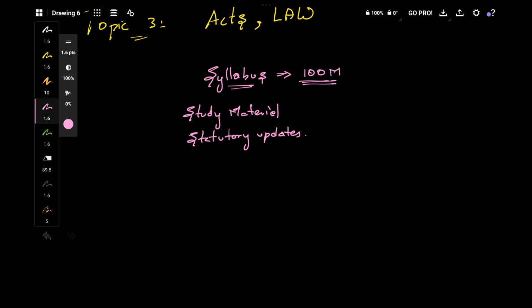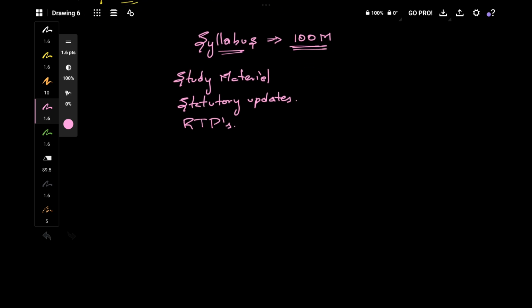A notification will be given to you in the ICAI portal, and we have to learn that. We also have RTPs. It's nothing but the same important updates in question paper format. We also have MTPs, that's nothing but mock test papers. For practice, it will be very helpful for us. And we also have previous examination questions.